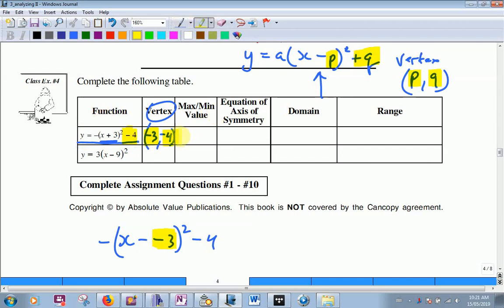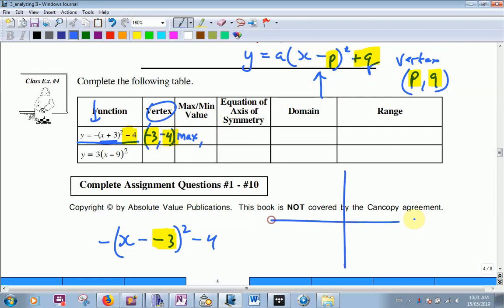So, if that's where my vertex is, and if I know the sign is negative, does this thing have a max or a minimum? It has a maximum. It got flipped. And what is the maximum value? You see where the vertex is?